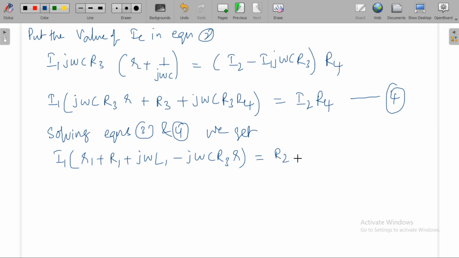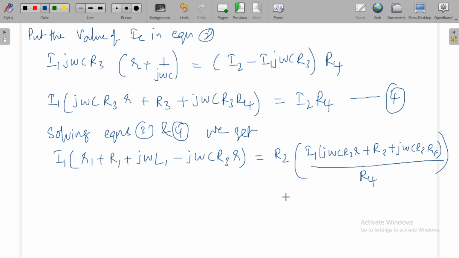So R2 I2, in place of I2 let me put this equation. Then you are going to get I1 into j omega c R3 R plus R3 plus j omega c R3 R4, by R4, is I2. So let me put I2 from this equation in equation 3.